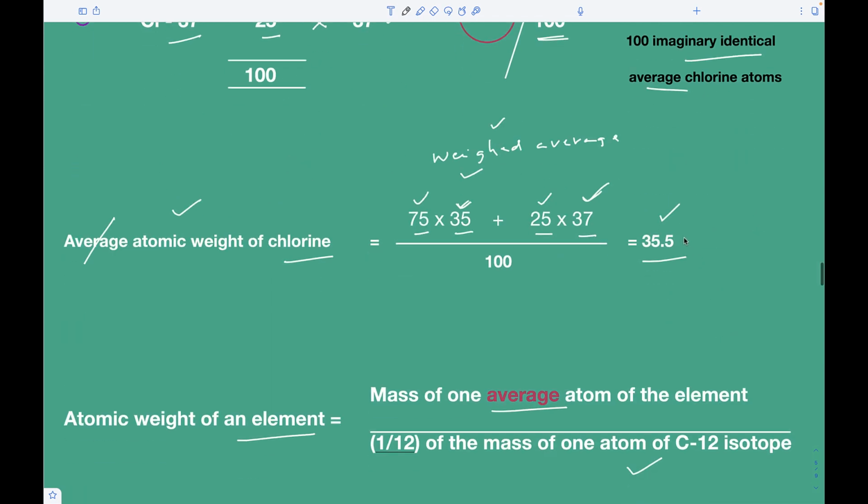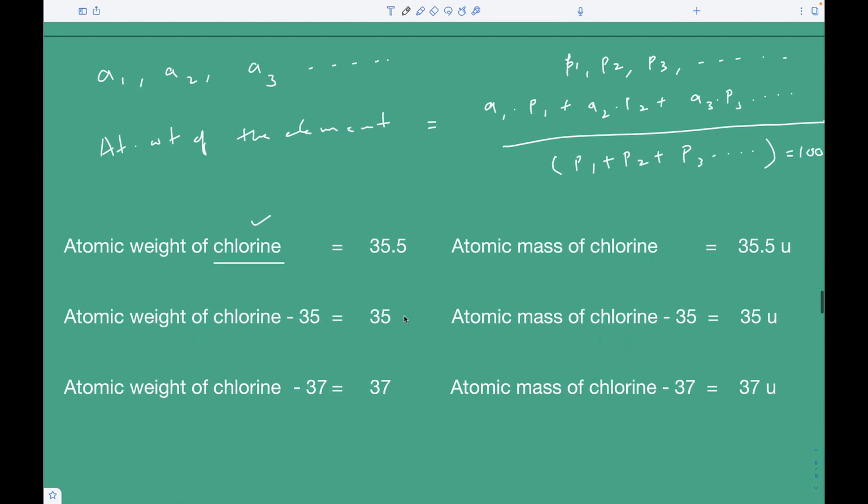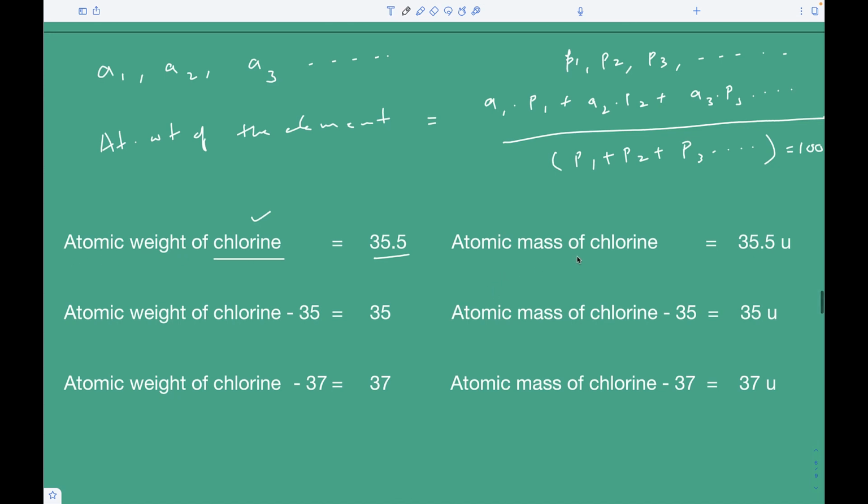And as we calculated here, the atomic weight of chlorine would be approximately 35.5, or the average atomic weight of chlorine. Now, what is the atomic mass of chlorine? Again, here I am referring to the element chlorine in general, not any particular isotope. So, to get the atomic mass, you always have to multiply the atomic weight with 1U. So, atomic mass of chlorine is 35.5 times 1U, that is 35.5U.